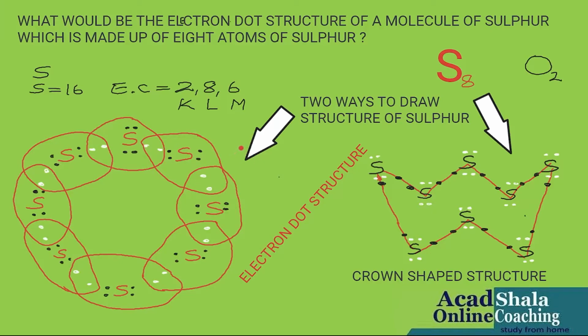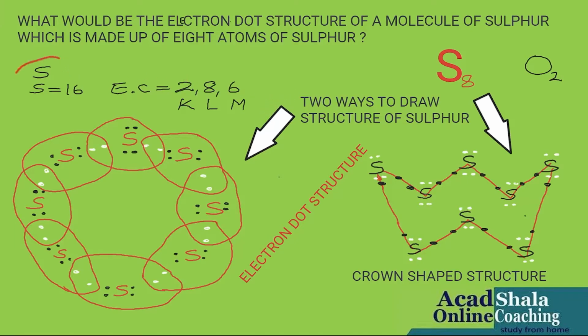Right, children? Now, I see 6 electrons in the outermost shell, that is the valence shell. I need 2 more electrons to complete the octet and attain the stable gas configuration.